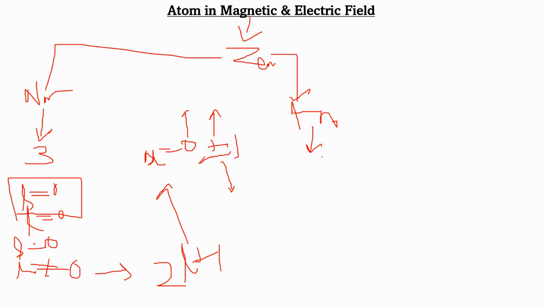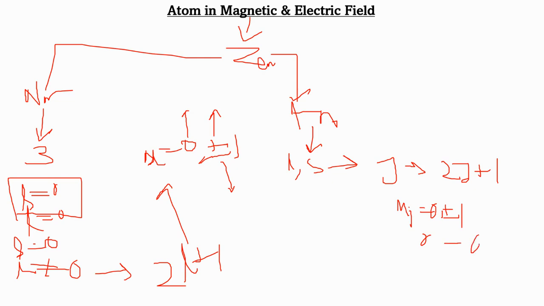However, in the anomalous Zeeman effect, since L and S are both non-zero, there is LS coupling and J is produced. Due to J, a single spectral level is split into 2J plus 1 levels, and the selection rule is delta m_J equal to 0 or plus or minus 1, where 0 to 0 is not allowed.